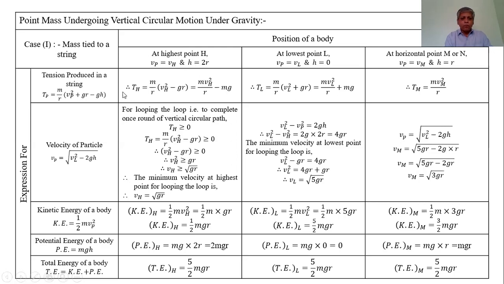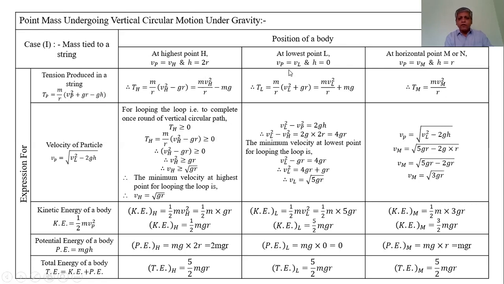We get Th is equal to m upon r into Vh square plus gr minus g into twice R, that is minus twice gr, and plus gr, that is minus gr here, which is equal to mVh square upon r minus mg. This is the tension at the highest point.